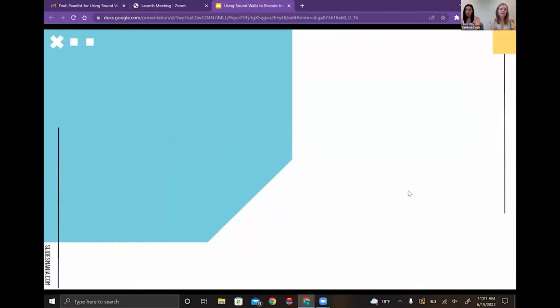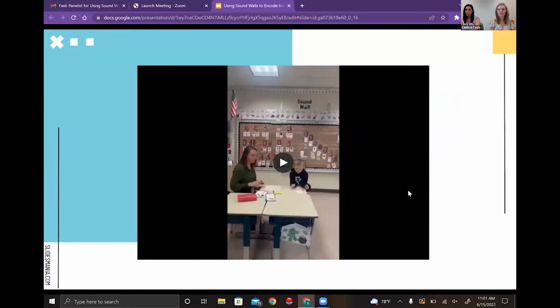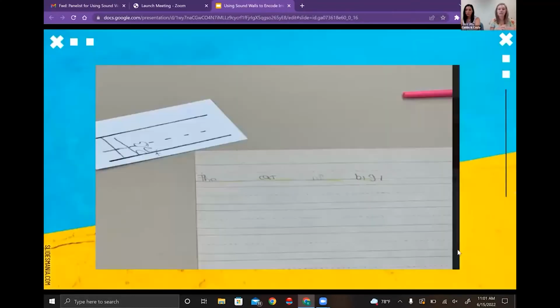Next, you're going to see student spelling samples. We'll skip the video because I know we're running out of time, but it'll be accessible. It was just showing how the student was using the sound spelling cards on the wall and then incorporating it into their writing. There's an example of his writing, and the word "the" was the word that we used.